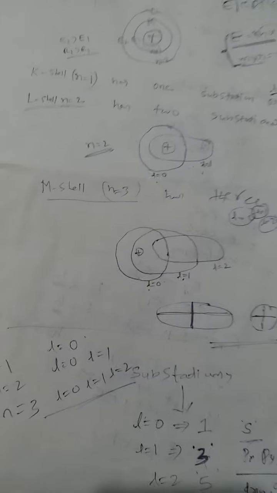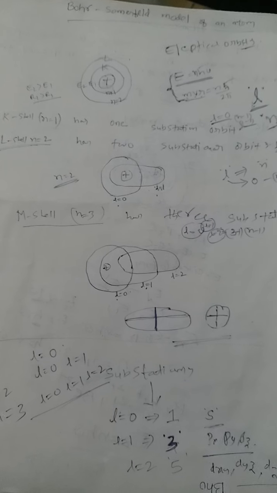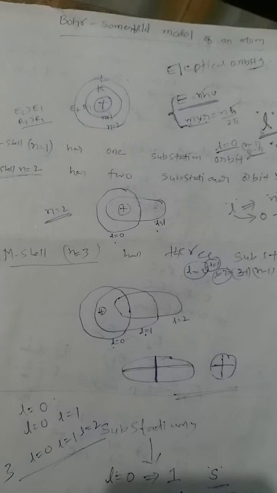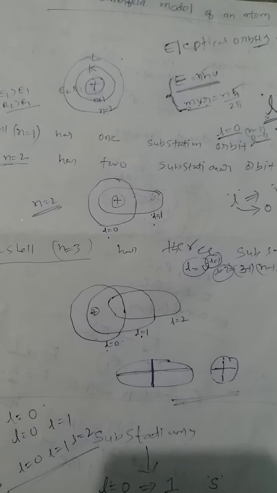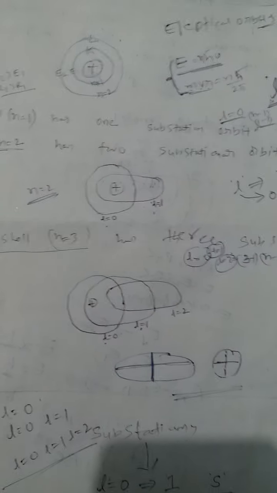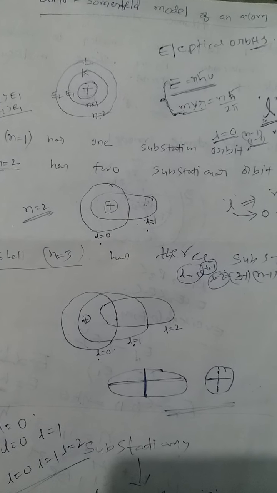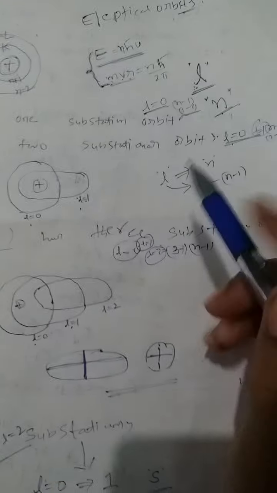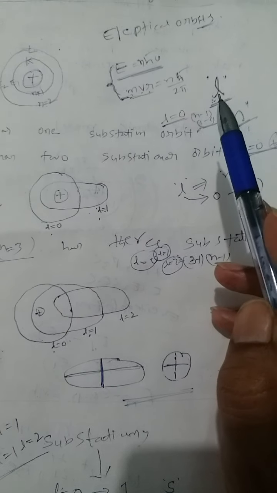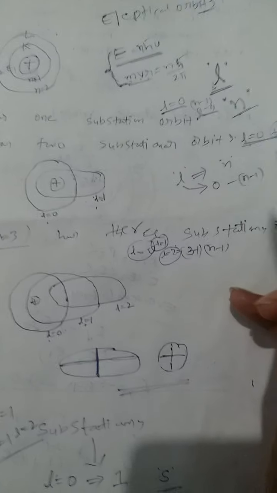This is about the concept of Sommerfeld, which gives information about substationary orbits which are present in stationary orbits. Stationary orbits are denoted by the letter small n, and substationary orbits are denoted by small l, which starts with 0 and ends with n minus 1.